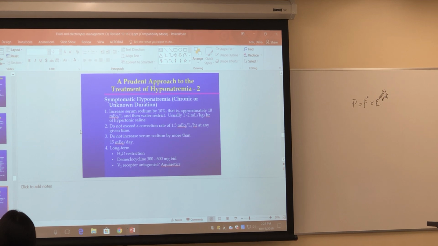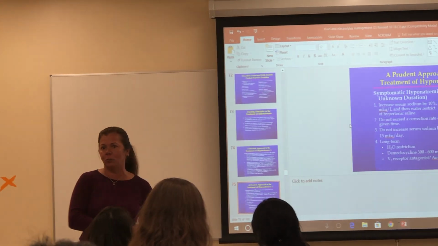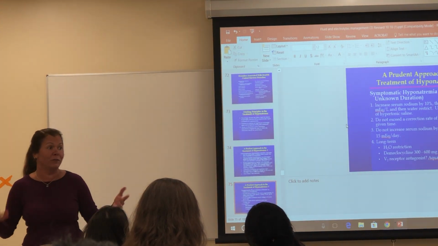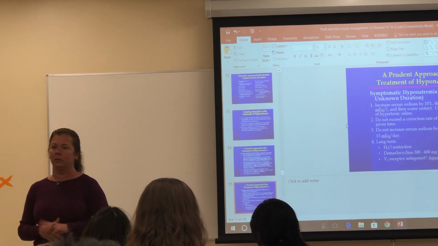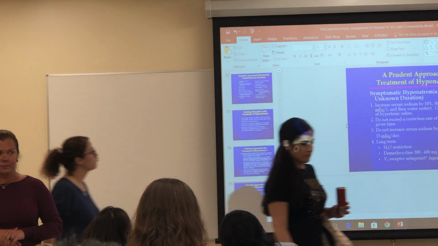So who blocks vasopressin? Not only conivaptan and tolvaptan, which are medications that you had in endocrine and neuro, to be able to block vasopressin, but also demeclocycline, which is a family of the tetracyclines that, as an off-label indication, do block vasopressin as well. Okay?